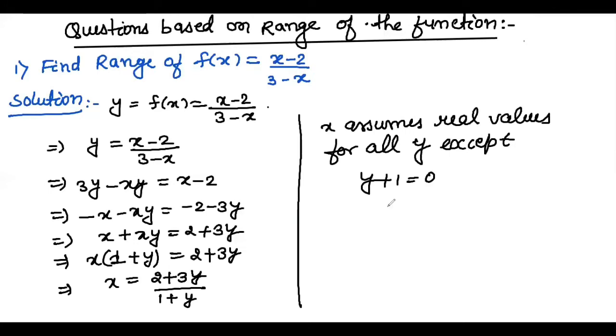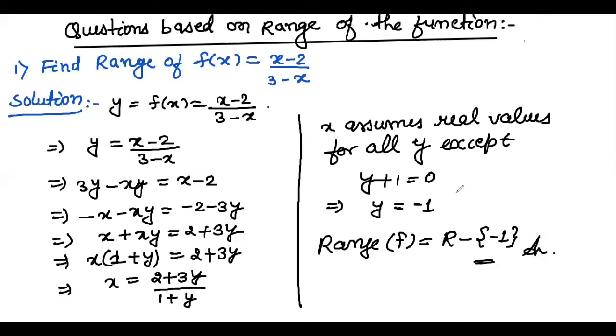That implies y equals minus 1. We have to avoid this y equals minus 1. So the range of the function is all real numbers except minus 1. So this is our range value.